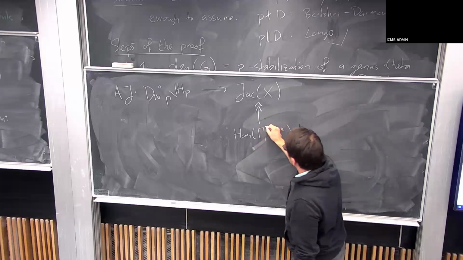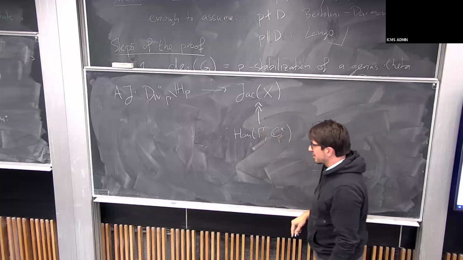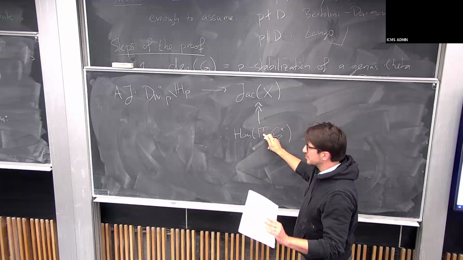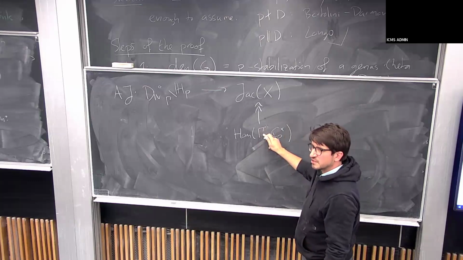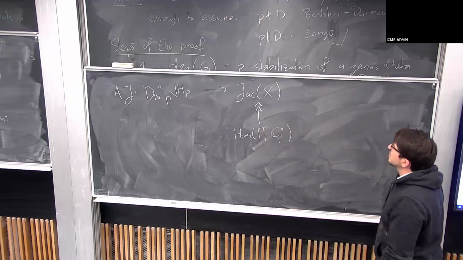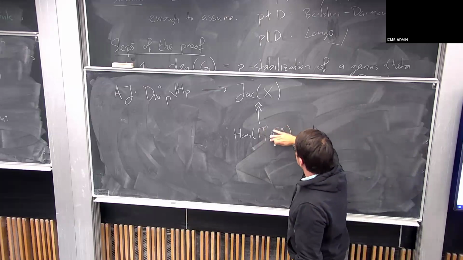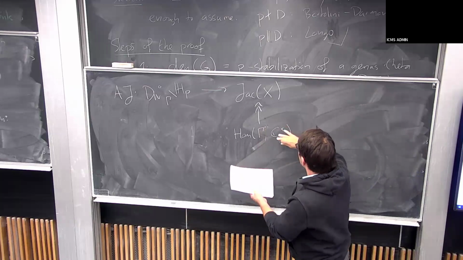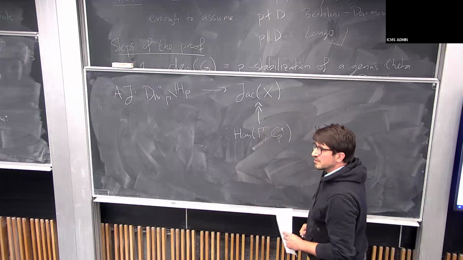You could also take the abelianization, it's the same thing. And well, if I take the level small enough, then up to 2-torsion, this is a free group of rank g, where g is the genus of your curve. So you get this map like this. So you have to mod out some lattice to get the Jacobian.